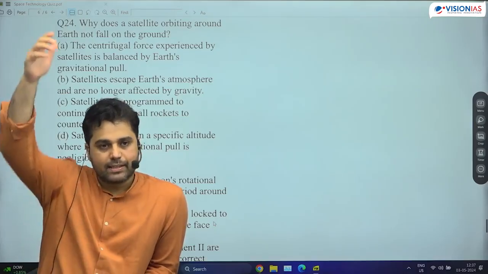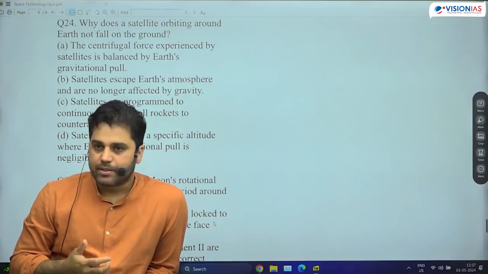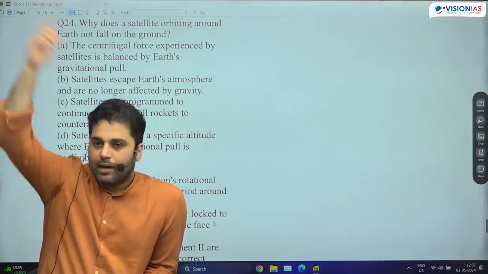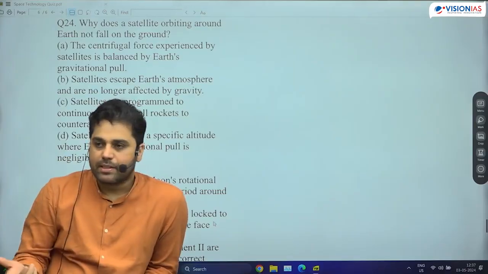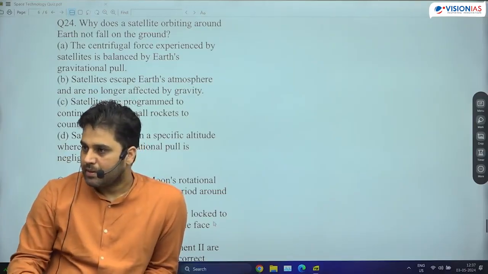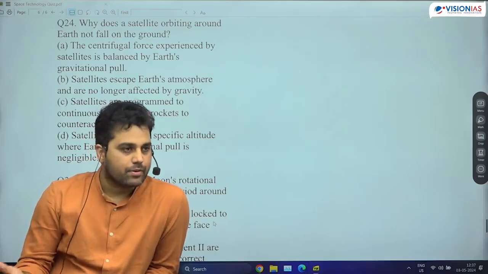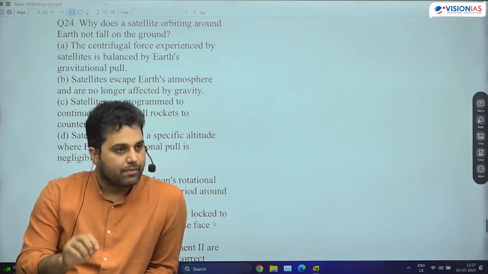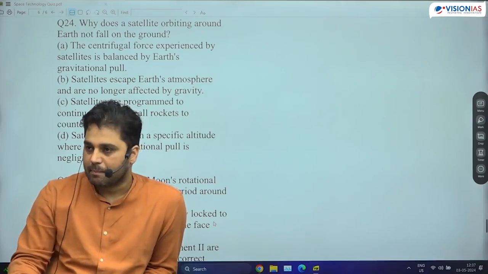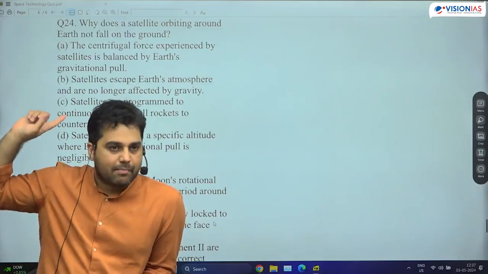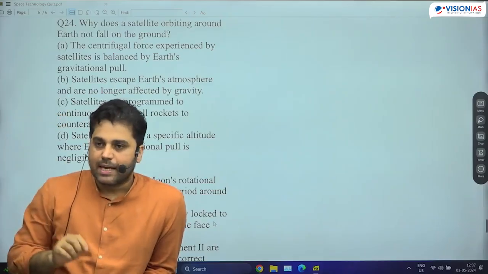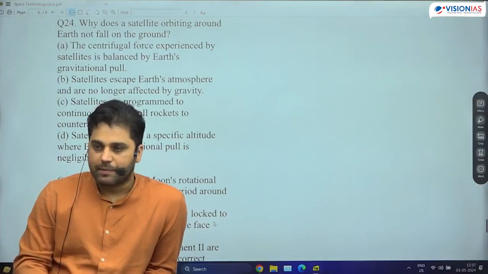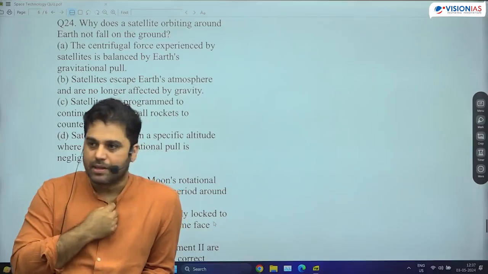Now the satellite is experiencing a gravitational pull towards Earth, so it should experience a force outward, and that force is centrifugal force. I told you that centrifugal force is a type of pseudo force which emerges when we analyze a motion in a frame of reference which is itself accelerating. So the same statement would also be that the satellite receives necessary centripetal force from Earth's gravity. That statement will make sense for us.